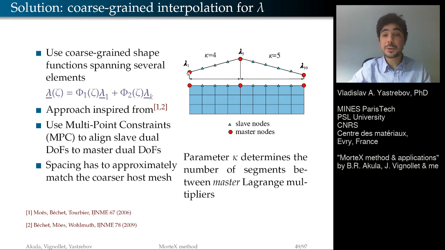So the idea is to assign Lagrange multipliers only to a few master nodes in the patch, and in between we will use linear interpolation, and these Lagrange multipliers are called slave because we use multi-point constraints to enforce them to lie on the line between lambda 1 and lambda 5. The parameter of coarse graining is kappa. Here kappa equals 4: we have 4 elements in the interface and 5 elements here, kappa equals 5. This parameter can be selected once for the entire interface, or it can be locally adjusted automatically.